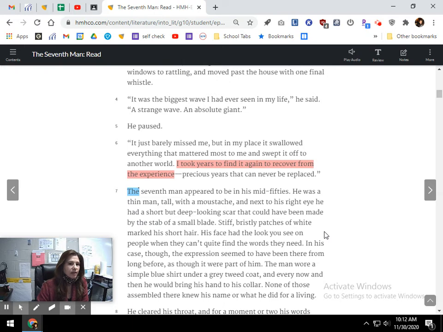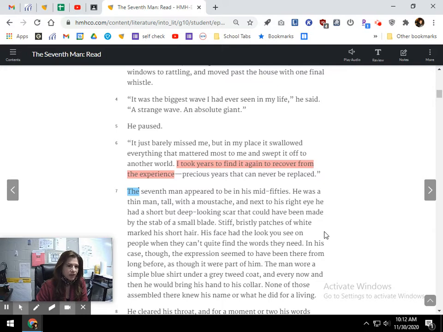The seventh man appeared to be in his mid-50s. He was a thin man, tall, with a mustache, and next to his right eye, he had a short but deep-looking scar that could have been made by a stab of a small blade. Stiff, bristly patches of white marked his short hair. His face had the look you see on people when they can't quite find the words they need.